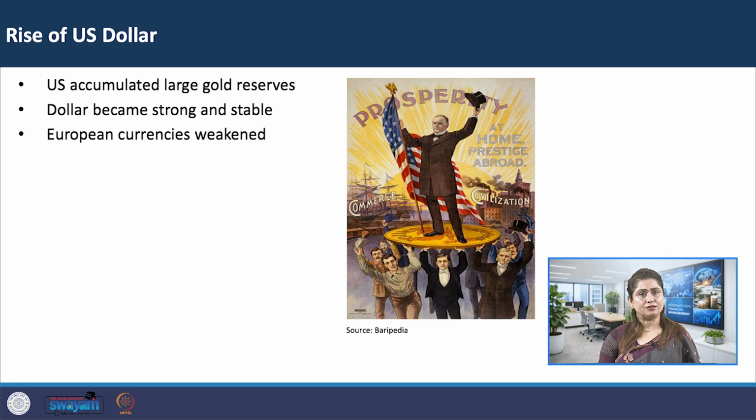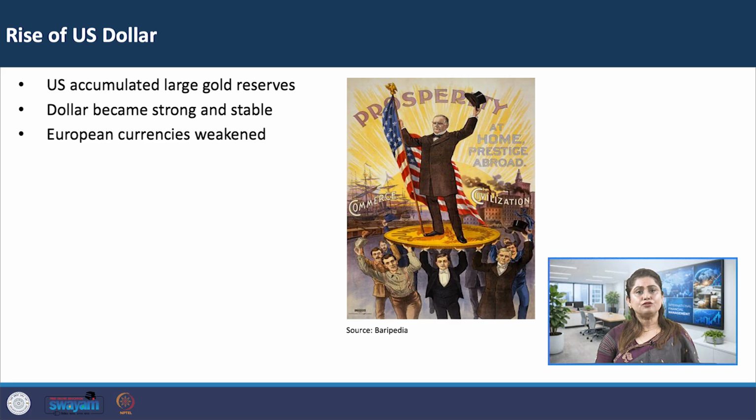On the other hand, European countries like Britain, France, and Germany faced economic problems and their currencies weakened significantly. The currencies that experienced significant devaluation included those of the major European powers involved in the war, such as the British pound, German mark, and French franc, while some currencies totally crashed.